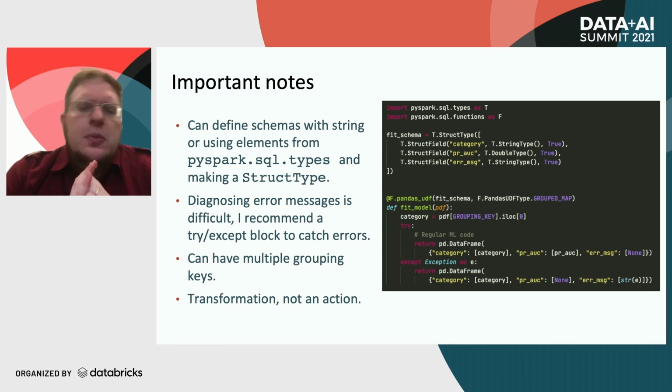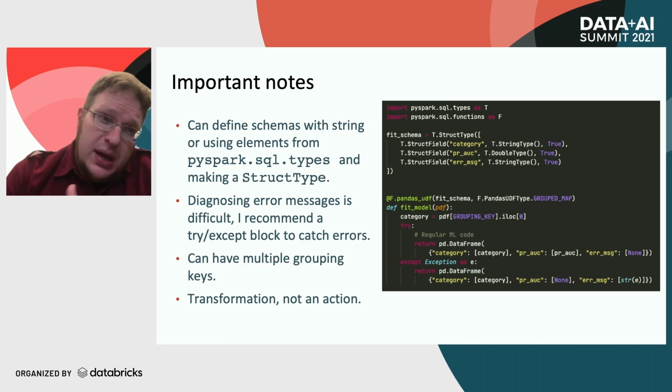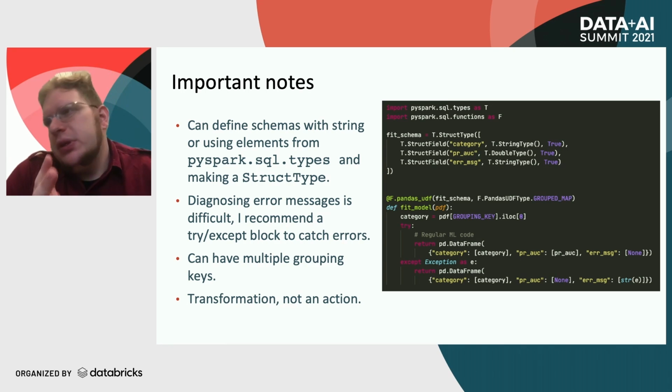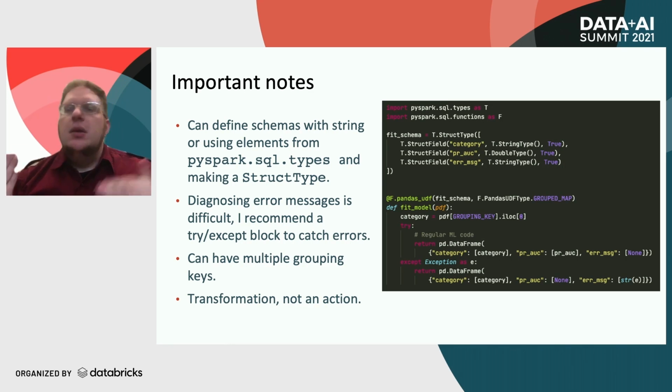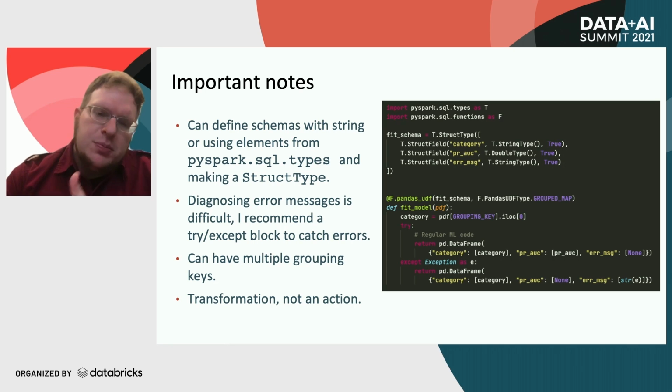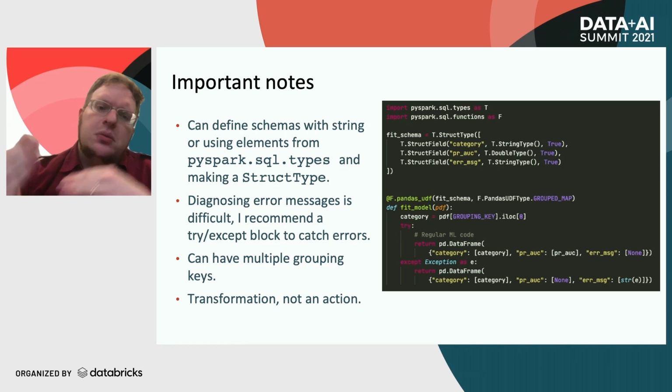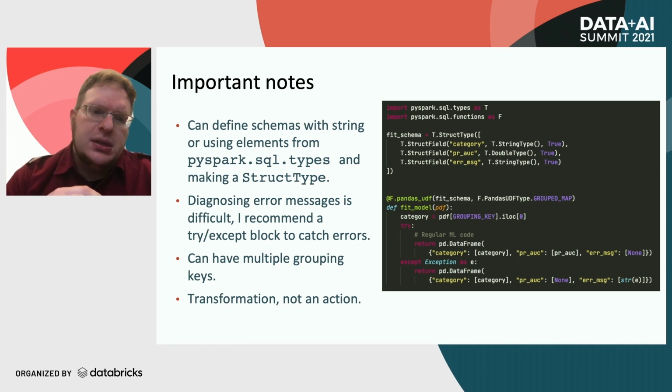Another thing to note, you can have multiple grouping keys. In my initial example, I was only using product category as a grouping key, but we could, for example, have product category and product brand be a grouping key. Instead of just providing one key, you'll provide a list of keys, and PandasUDFs will group by both of these things.